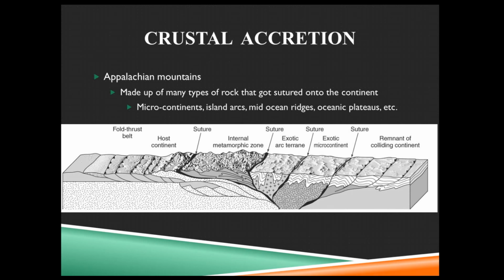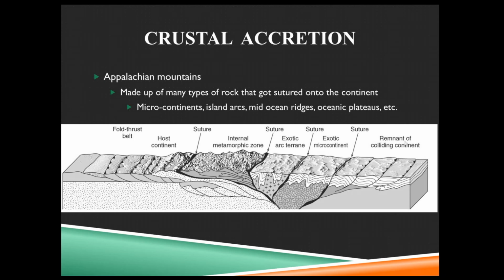So, you can get island arcs and other land that will not subduct, but isn't truly part of a continent, that gets stuck on here and separated each time by a suture zone, because after that island arc was more oceanic crust. After that microcontinent was more oceanic crust.